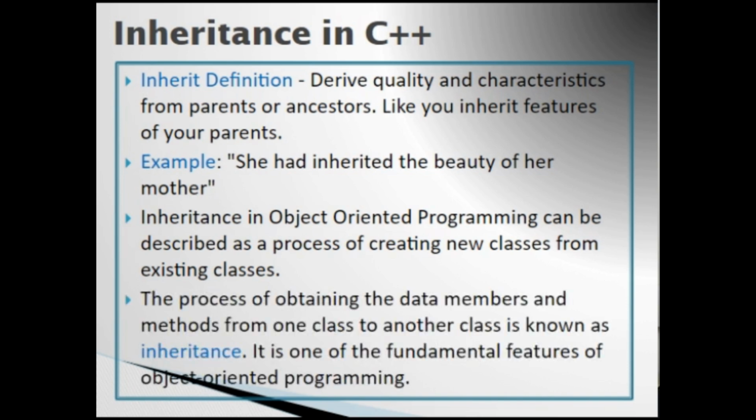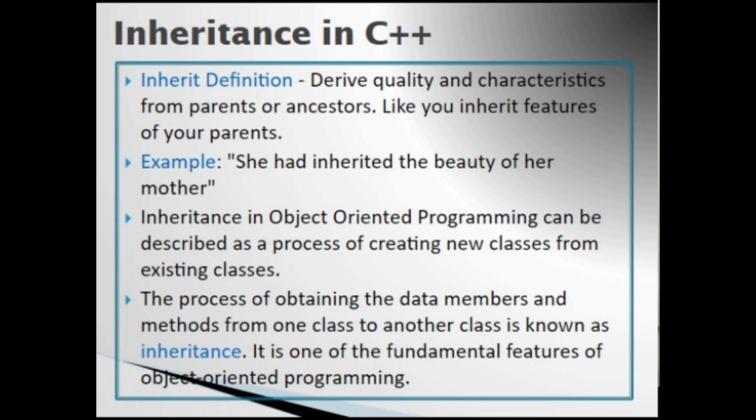So why do we use inheritance? Because a very important advantage of inheritance is code reusability. It means the process of obtaining the data members and methods. We already know that a class has the encapsulation property, which means in a class there is an assembly of data members and methods, that is member functions.